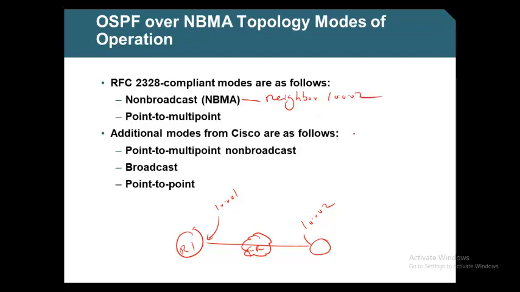You need to manually specify the neighbor so that router 1 can use this as the source IP and this as the destination IP and send a hello packet. You see the idea? Because multicast is not supported, you need to specify the neighbor's address correctly so that R1 can throw the unicast hellos to discover neighbor.